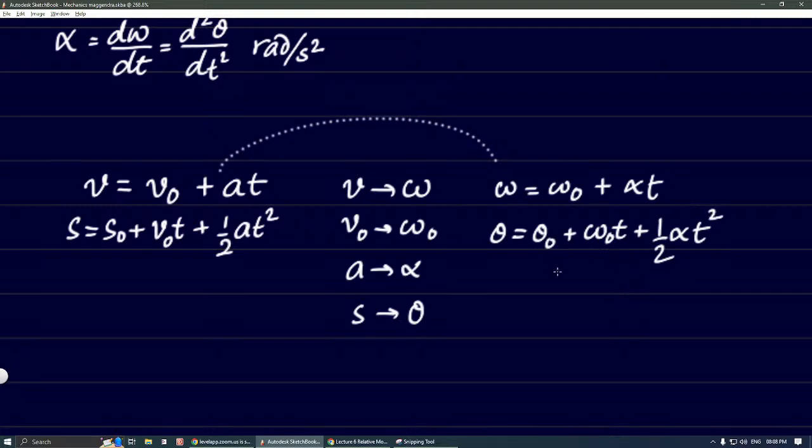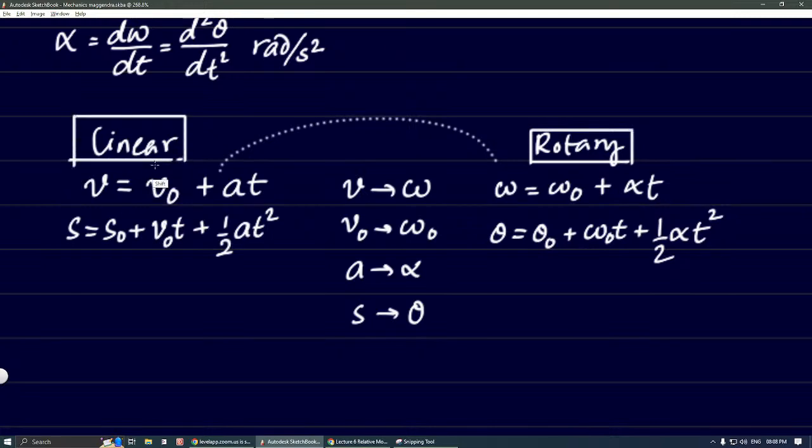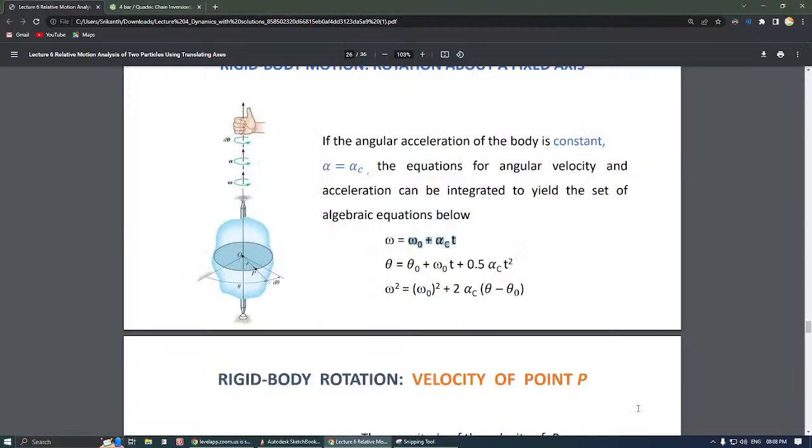Understood now? So the same equations, you just need to convert them like this to get rotary motion. So the left side is for linear and right side is for rotary. So these are the three equations. So 1 by 2 is written as 0.5.